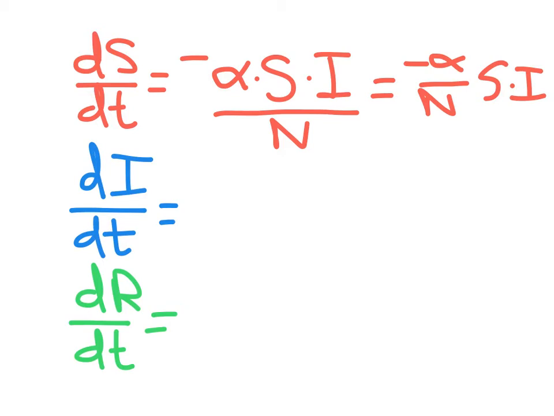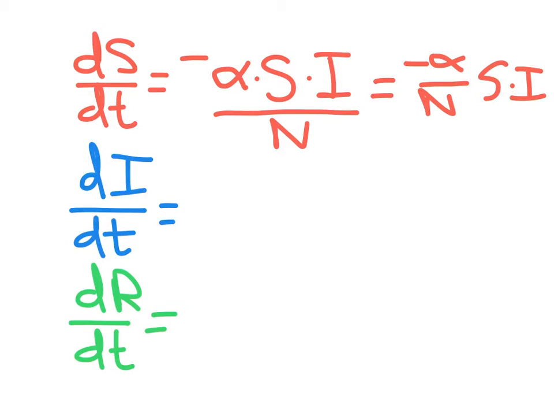Now, if we move down to the bottom here and look at the number of recovered people, the idea is that the number of recovered people is going to increase, and it's going to be related to the number of people that were infected. So, for instance, if 10% of the infected people recover or are removed from the infected population every day, then we would say 0.1 times I, 0.1 times the number of infected people, would be the rate that these change at.